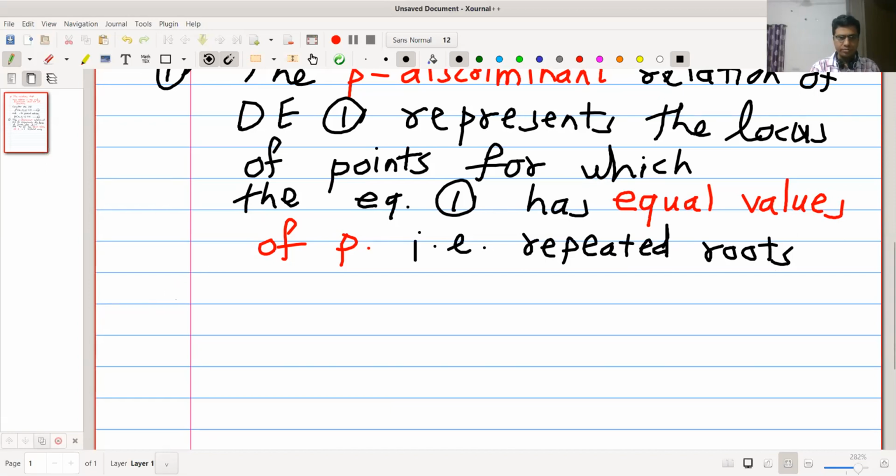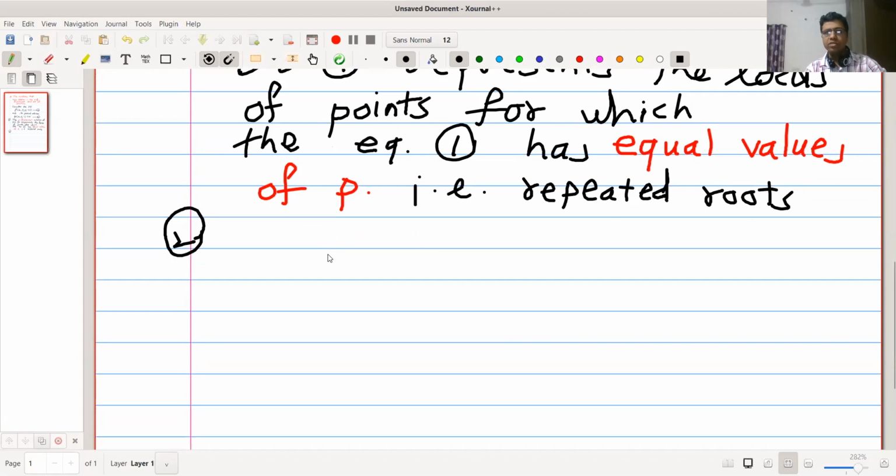Second point, the C discriminant. We know that we find C discriminant using the solution. For P discriminant, we use given differential equation, and for C discriminant, we use the solution.